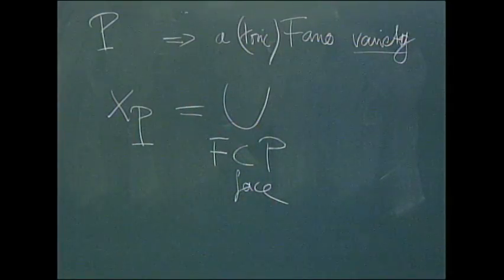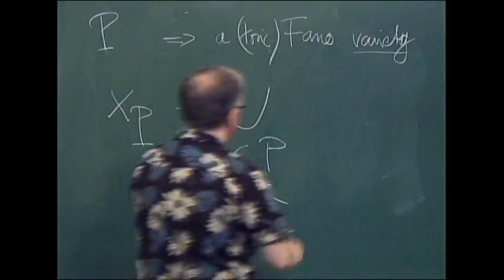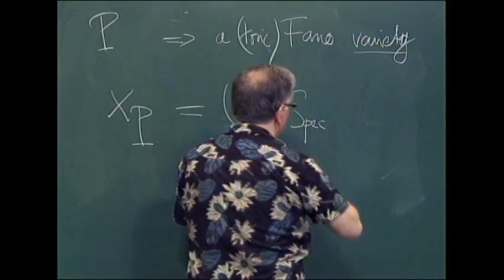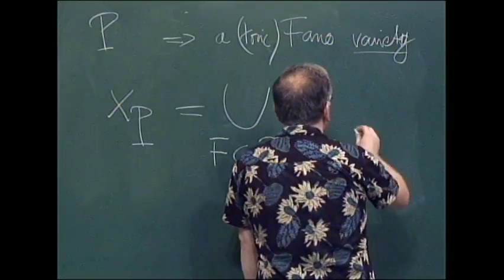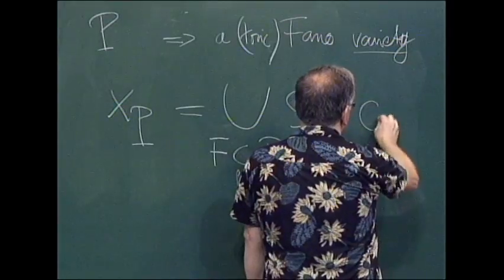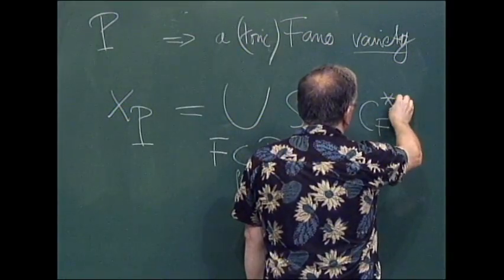And the affine in question is going to be the Spec of, it's a bit of a mouthful, but I take the cone over F, and I take the dual cone.